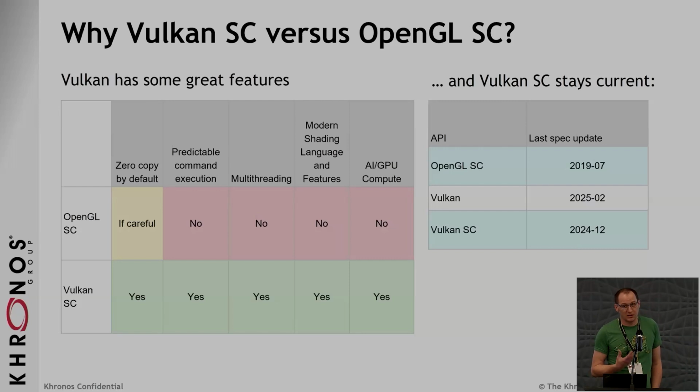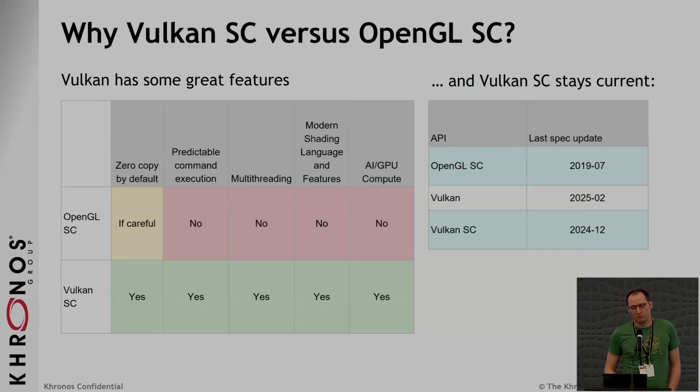The other point is, OpenGL SC is kind of in maintenance mode. It's there, but there are no updates coming, no new releases. You can see from the table, it's not been updated since 2019. For Vulkan SC, we're doing 3 to 4 spec releases a year, and there will be future versions, so it's a lot more future proof.